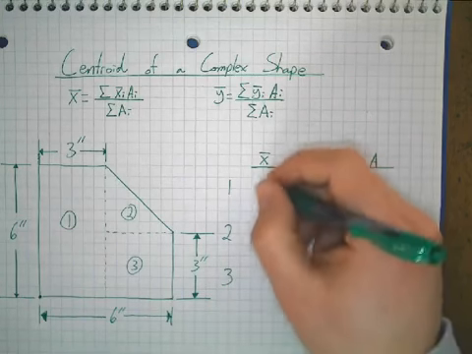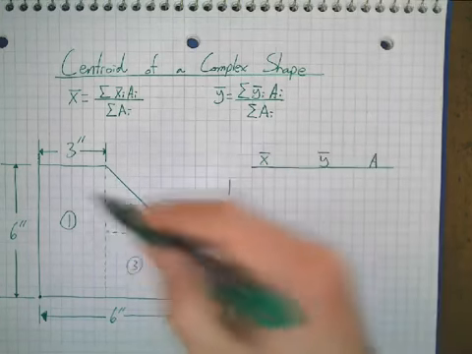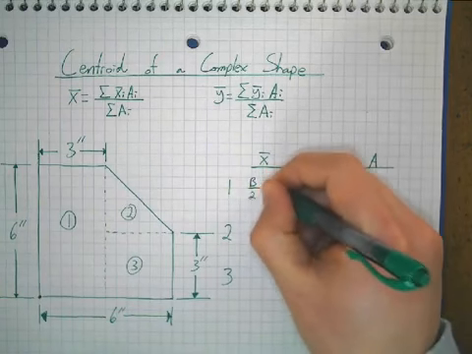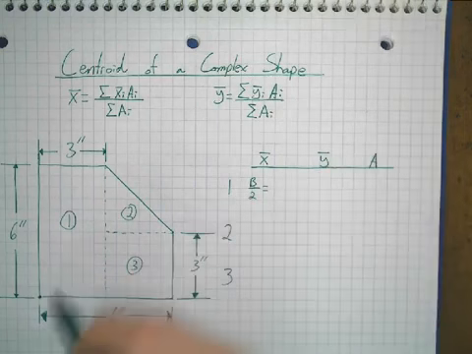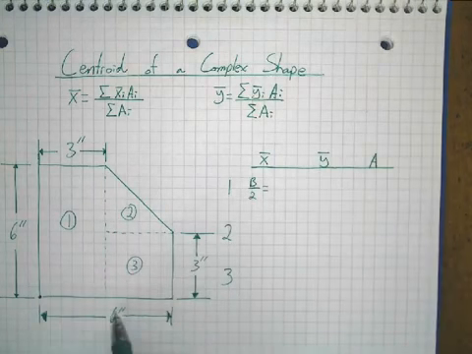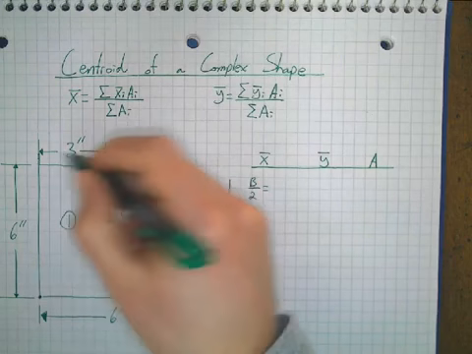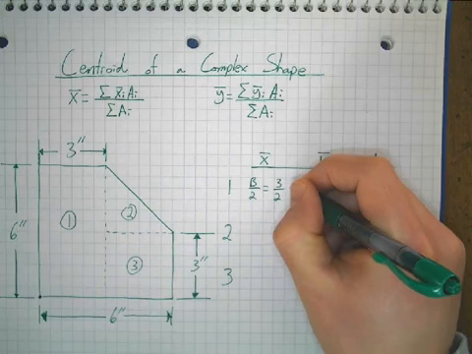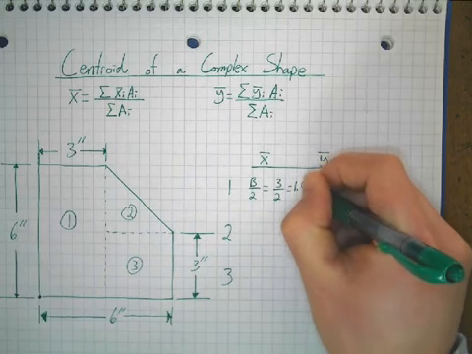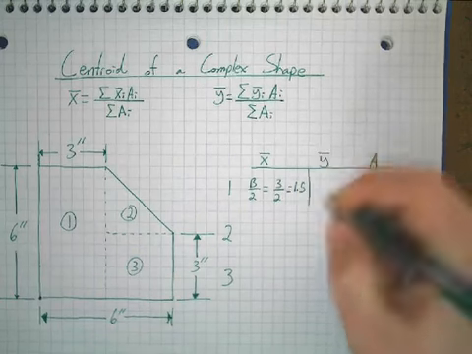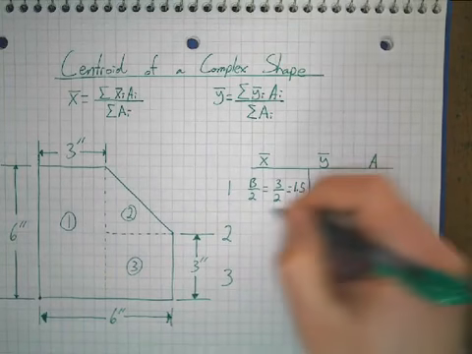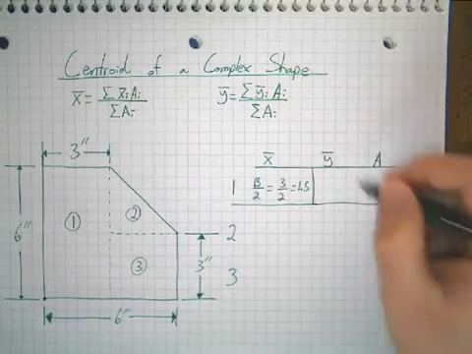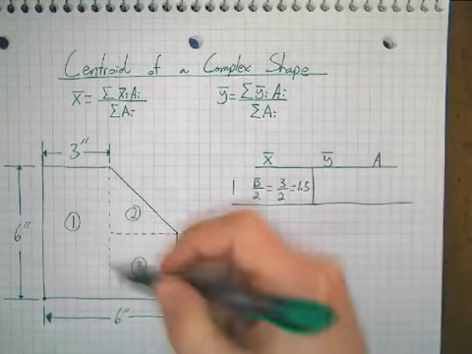For shape 1, since this is a rectangle, my x bar is base over 2. My base is 3. So this rectangle right here, my base is 3. So I'll do 3 over 2 to get 1.5. I'll make a little line here to separate our areas. Okay. For my y bar for shape 1, it's h over 2.